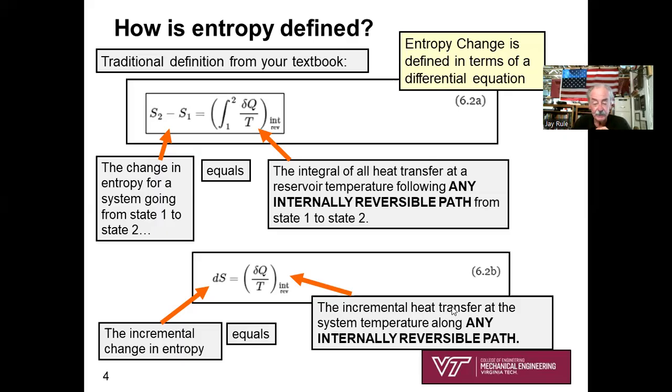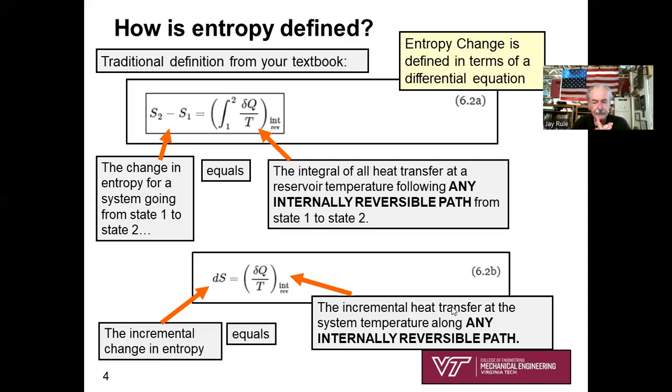In other words, not state 2 and not state 1, an incremental process in between 2 and 1. So this is the technical definition of incremental change in entropy.